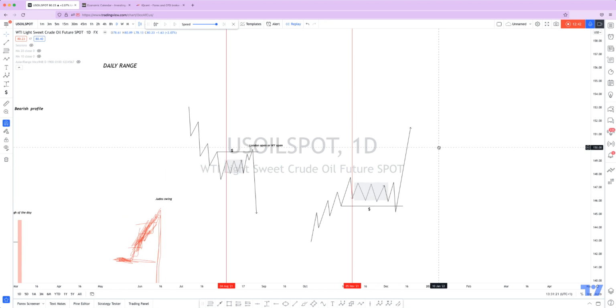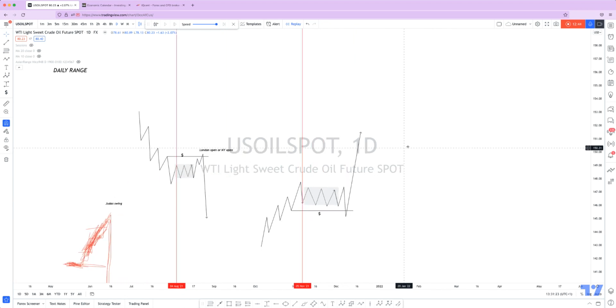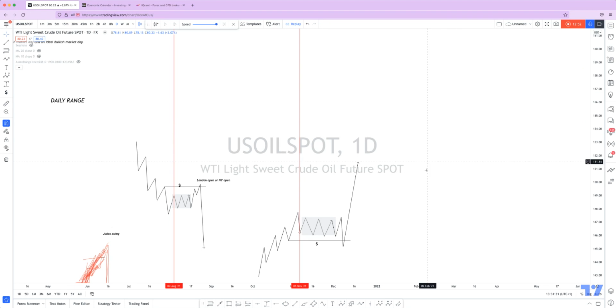So this is kind of similar to the IPDA. IPDA, that's the interbank price delivery algorithm.